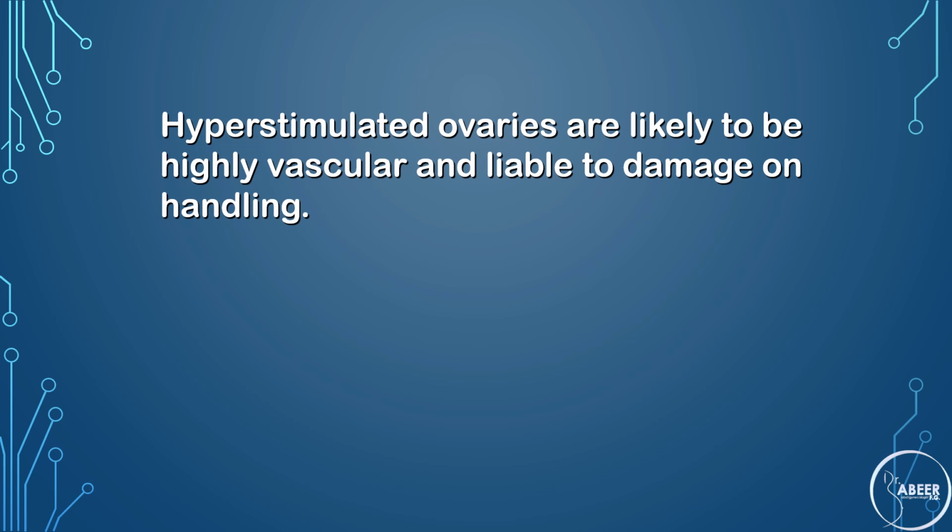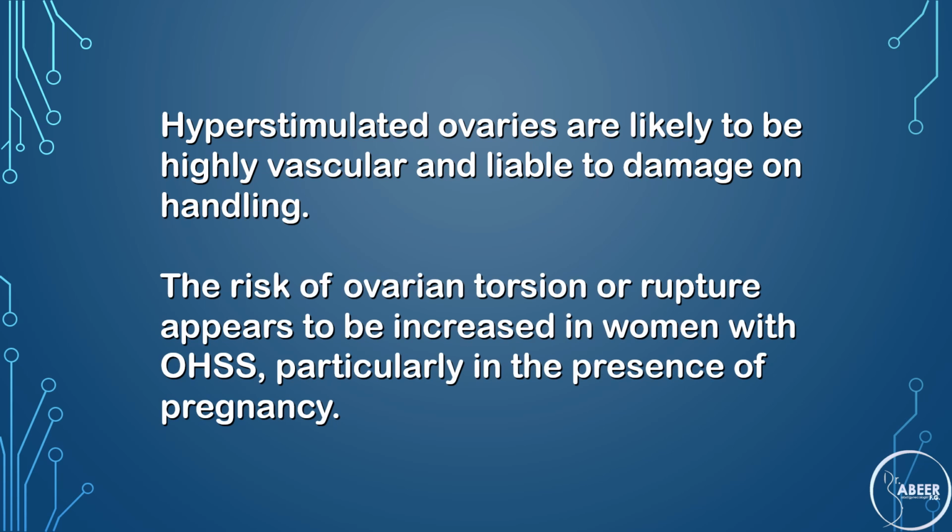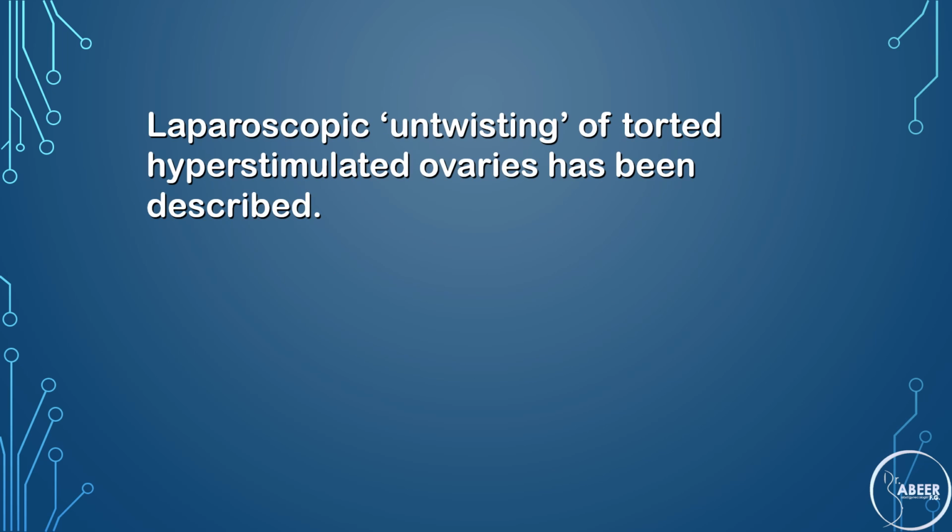Hyperstimulated ovaries are likely to be highly vascular and liable to damage on handling. The risk of ovarian torsion or rupture appears to be increased in women with ovarian hyperstimulation syndrome, particularly in the presence of pregnancy. Laparoscopic untwisting of torted hyperstimulated ovaries has been described.